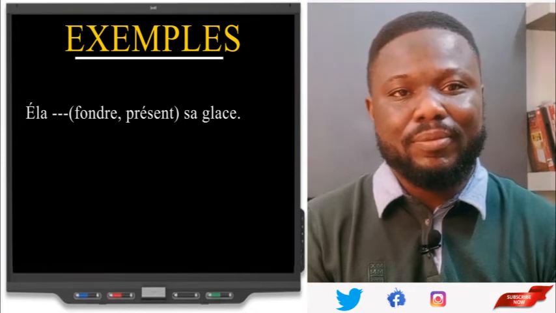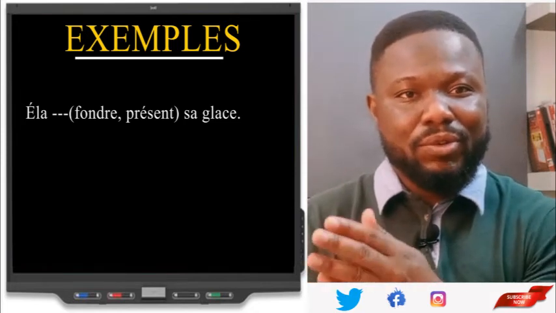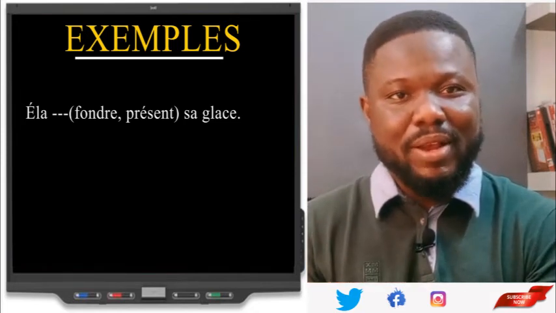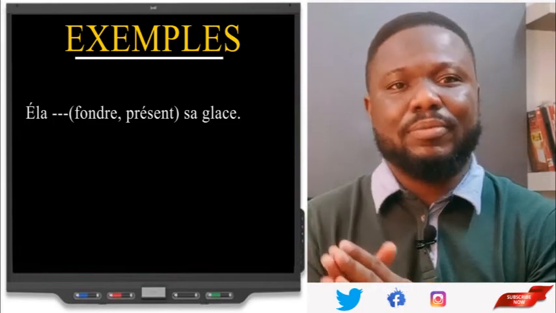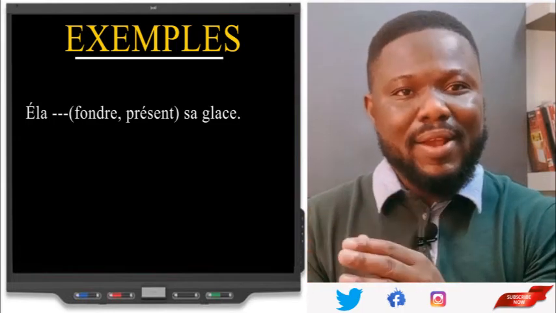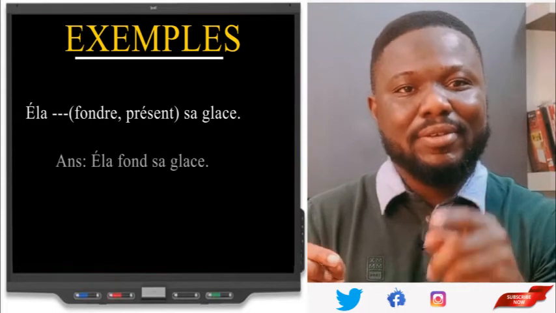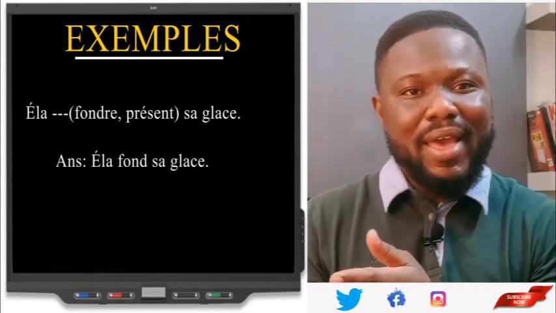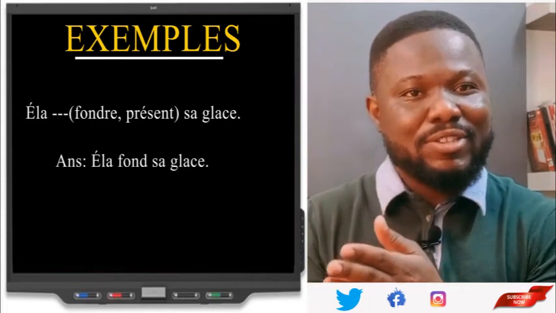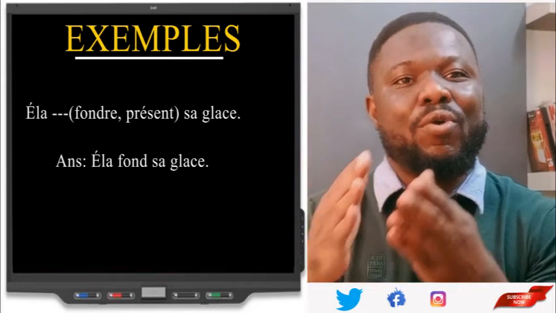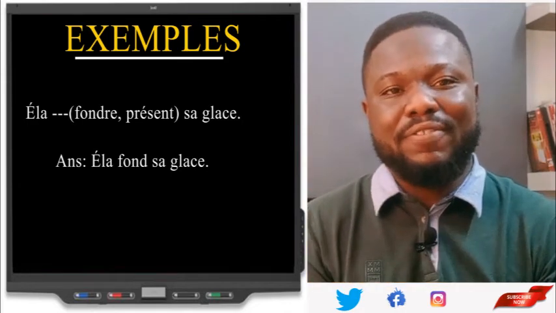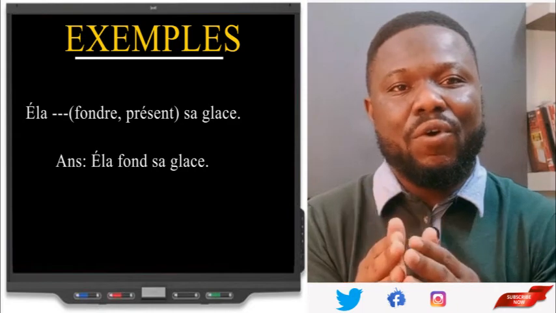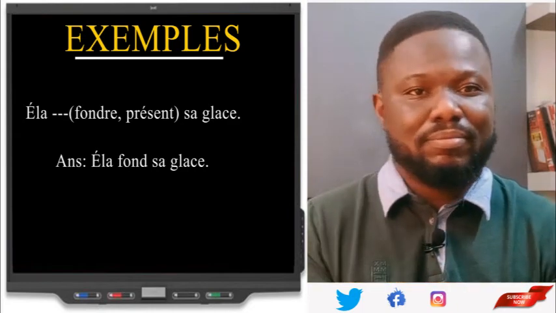So here, elle again here. So it is a female, so I'm going to use she. So elle, F-O-N-D. Remember, il and elle does not take anything at the end when it comes to RE verbs. So, elle fond sa glace. That's it.